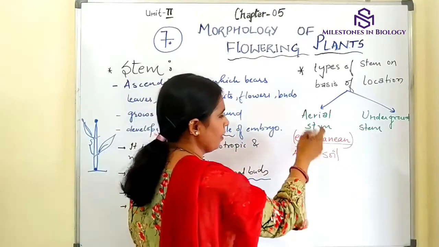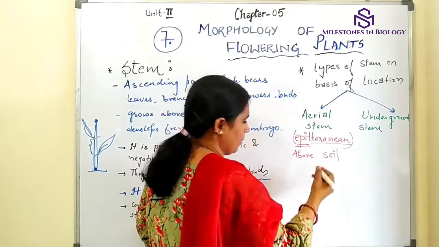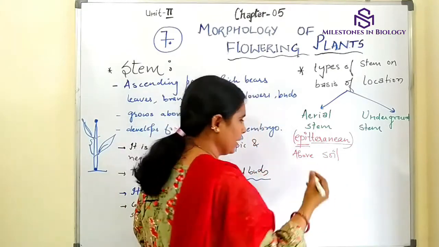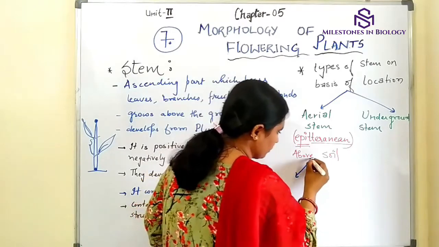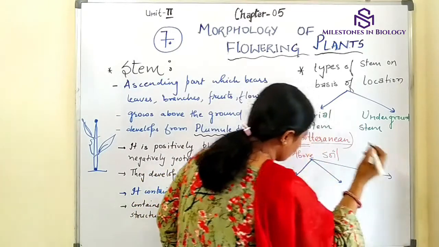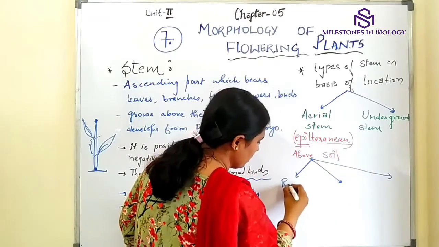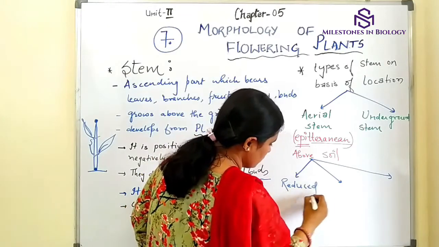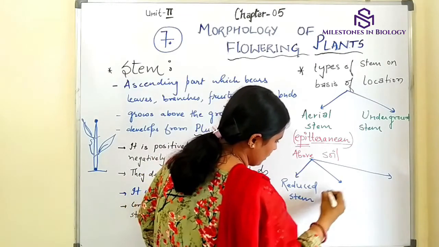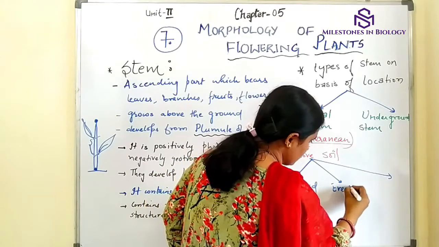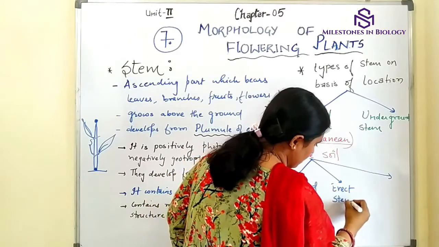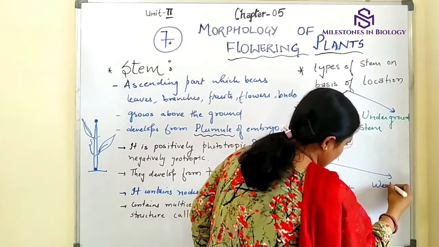In case of epiterranean stem, you are going to study three types. One will be called reduced stem. Next is erect stem, and the last one is weak stem.